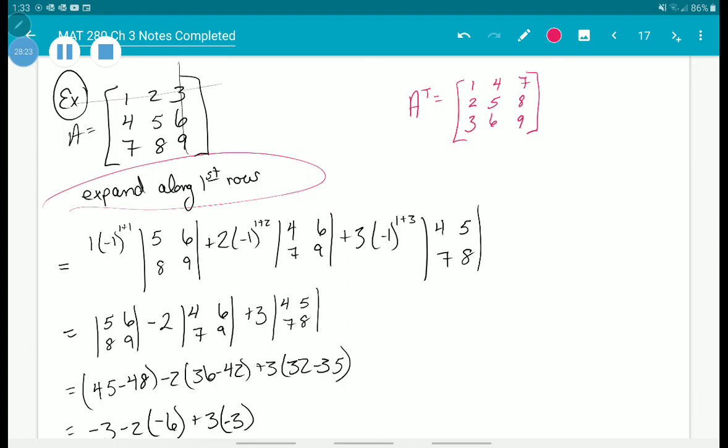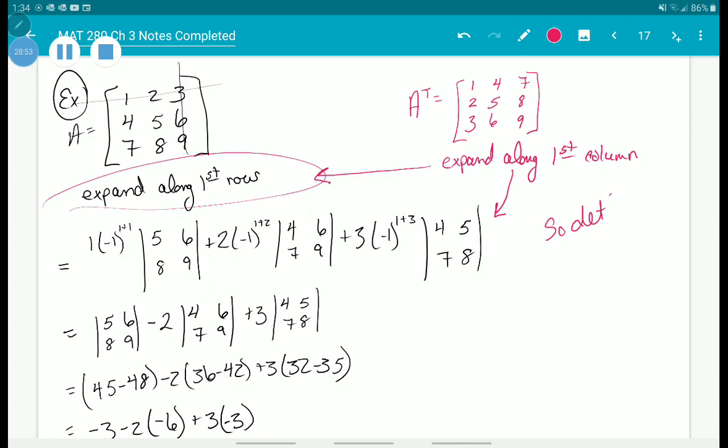Now remember, I can choose any row or any column to expand along. If I were to expand this along that first column, that would be identical to expanding along the first row for A, which is going to produce the same stuff. So that's why that determinant has to be the same.